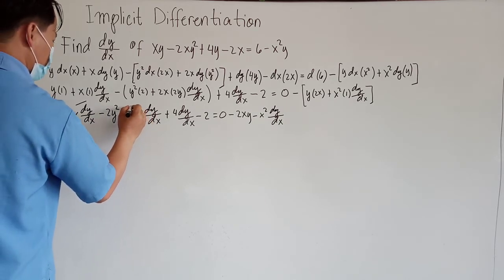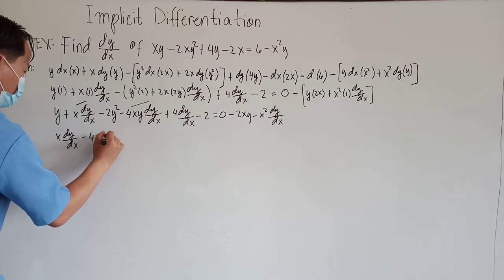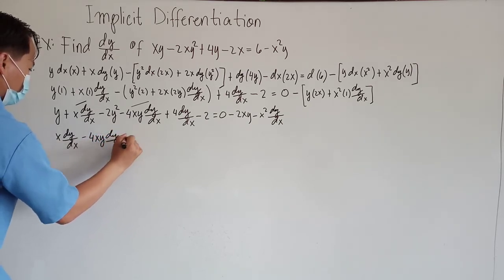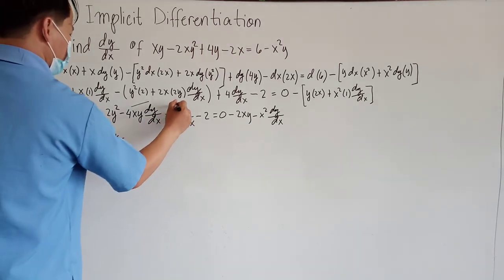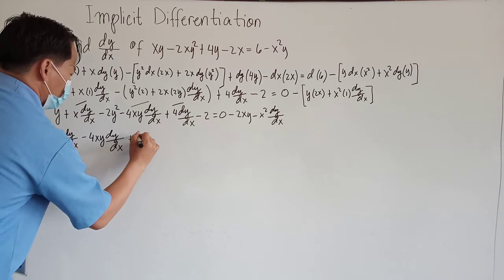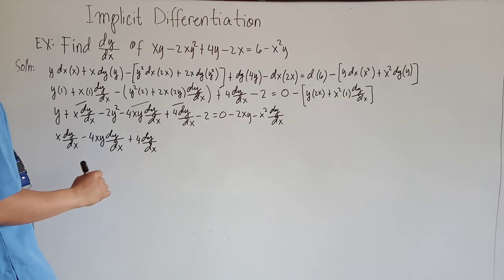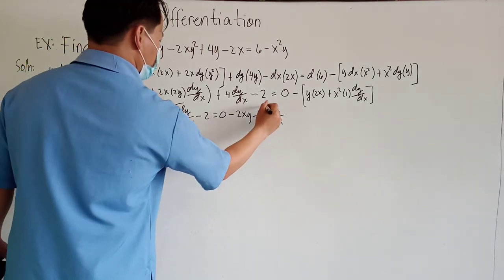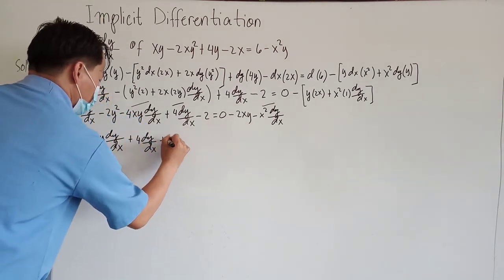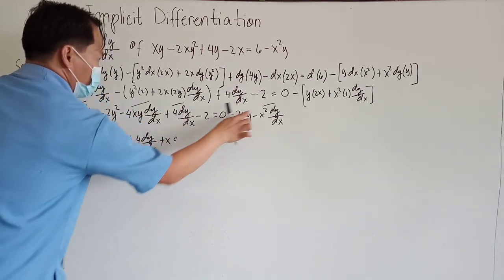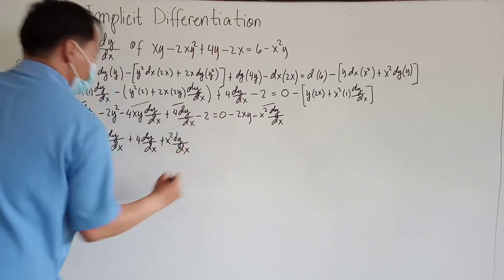Next, this one, we have negative 4xy dy over dx. Plus this term, we have here plus 4 dy over dx. Next, this one is the last term for dy over dx. From negative, that will become positive x squared dy over dx.